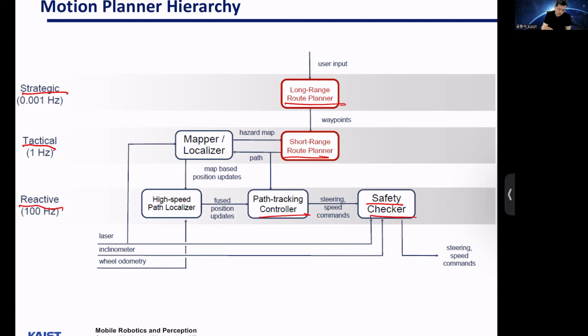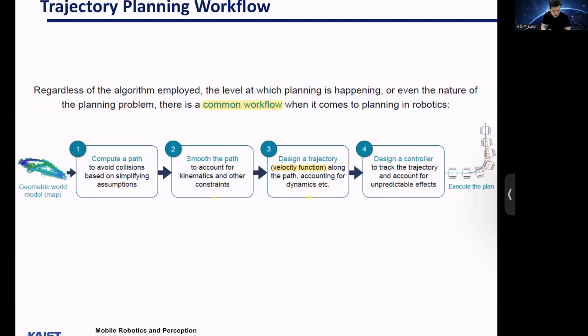So this is how things are organized to solve a complex problem: by decoupling problems and creating this hierarchy, we can more efficiently solve the problem. Okay. And this is another way of looking at the trajectory planning workflow.